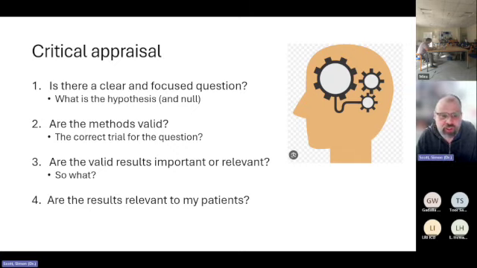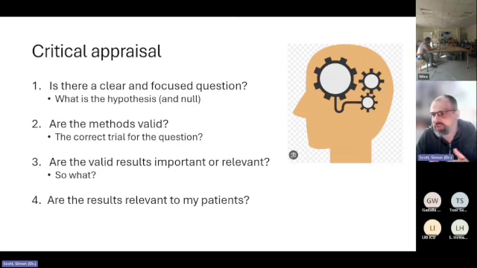So for those who don't know, and I will talk a little bit about it, frequentist statistics, which is what everyone does at the moment, uses the concept of a null hypothesis and tests the null hypothesis. What that means is the null hypothesis is that there is no difference. So, let's say salbutamol improves outcomes in acute severe asthma.